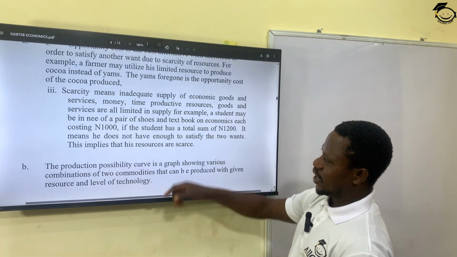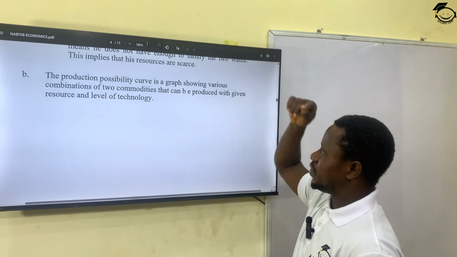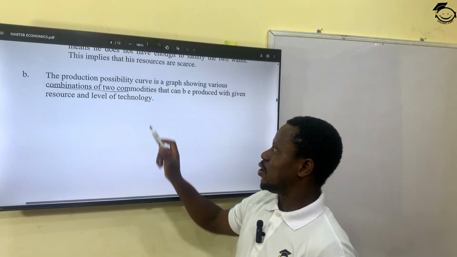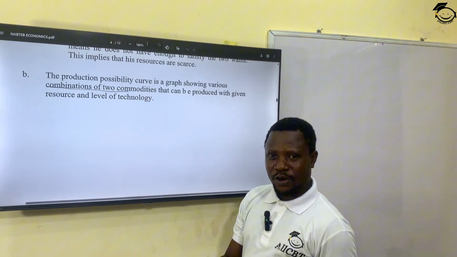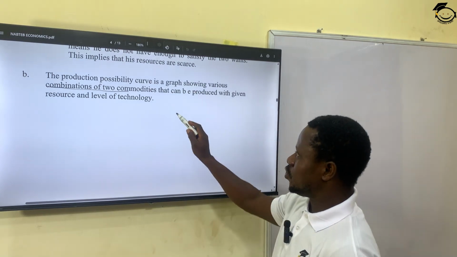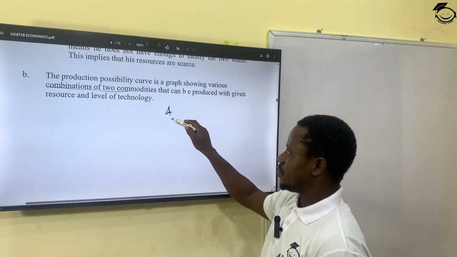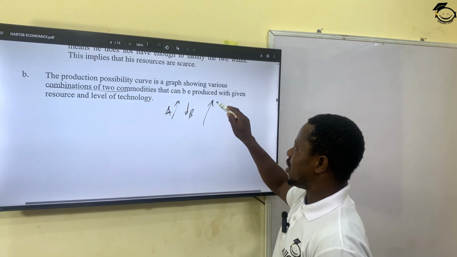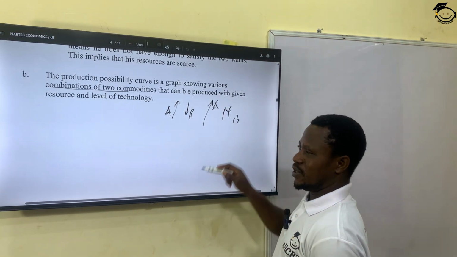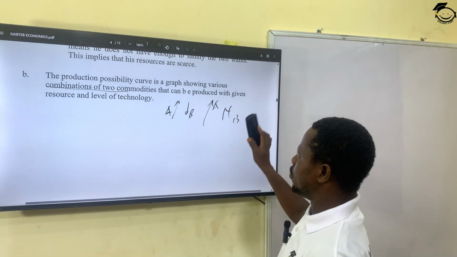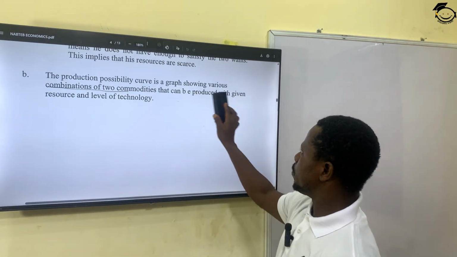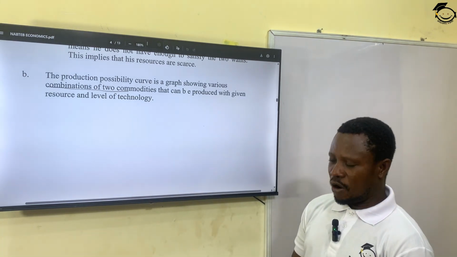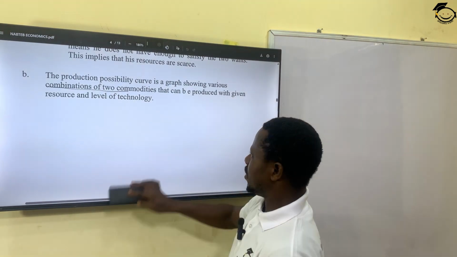So as we move down, a production possibility curve is a graph that shows various combinations of two commodities. Remember, various combinations. Like I said, you could produce more of A and less of B, or you could produce only A and none of B. These are options available to the producer that can be produced with given resources at a given level of technology.